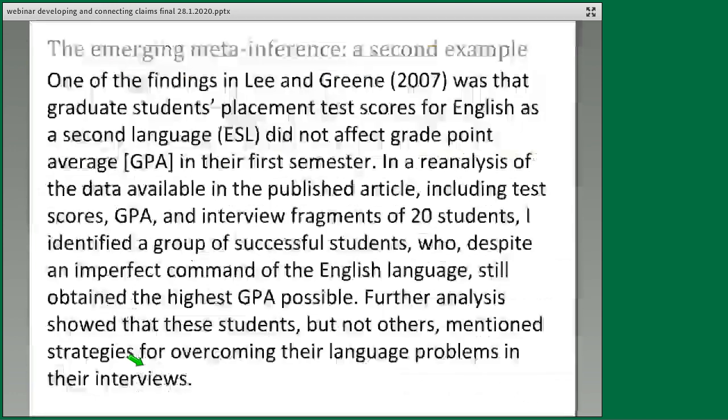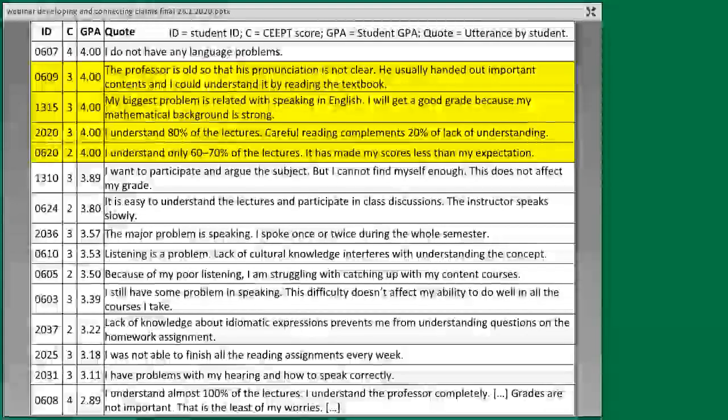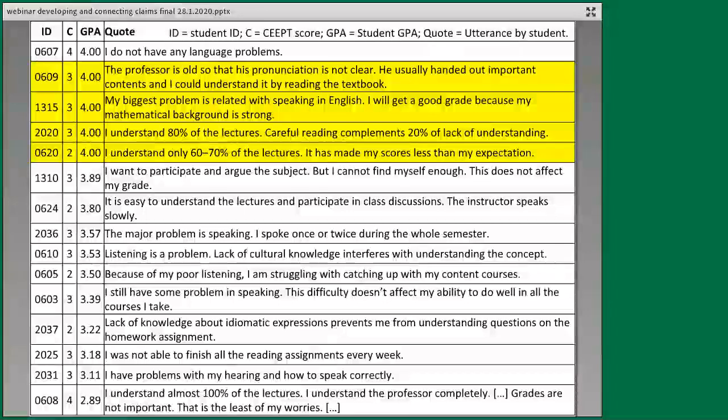Yes, I thank you very much for that question. Sorry, I will return to this slide. Basically, the fact that there was not an effect of language score on GPA was based on, I think, 100 or 200 participants.